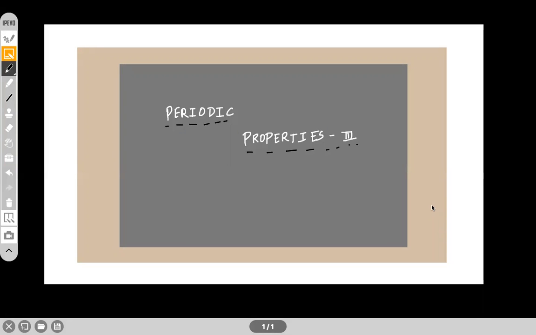Okay, so what have we done last class? Effective nuclear charge we have done. It's still the last topic we were discussing. I think we had discussed the atomic radius, correct?